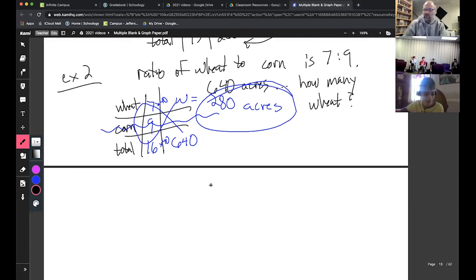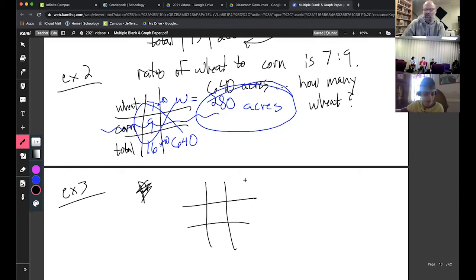Okay, guys, I'm going to do one more example, and then we'll be done with lesson 100. Okay? Here we go. Here's example 3. When the race began, the ratio of professionals to amateurs... So I'm not going to write down the problem. I'm just going to translate it right into my tic-tac-toe box.